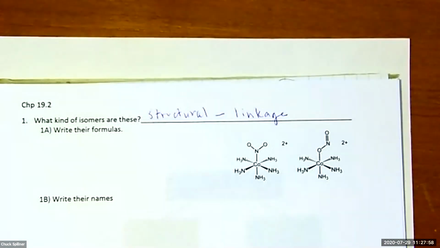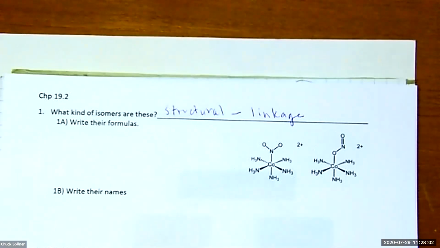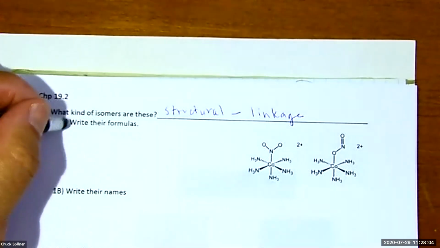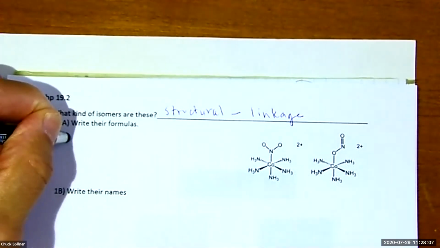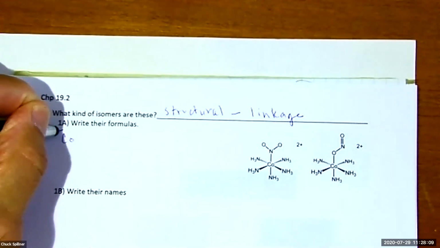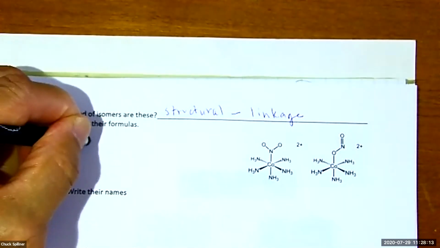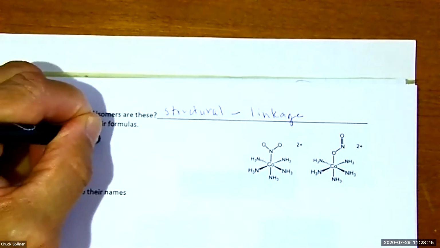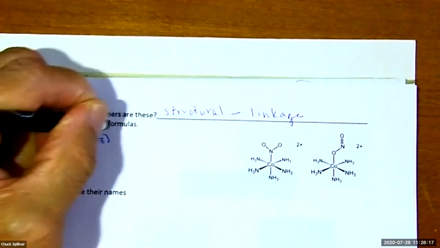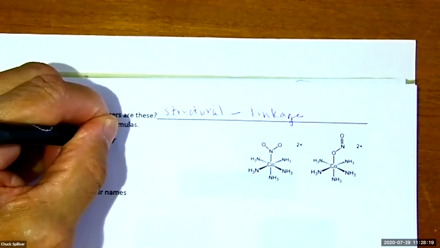Okay, so that's what I want you to do for this worksheet, to figure that out. It says write their formulas. So the formula, let's see, the first one is Co, so it's a complex ion, so it's going to be in brackets. So Co, and then we have NH3, and we have 5 of those.